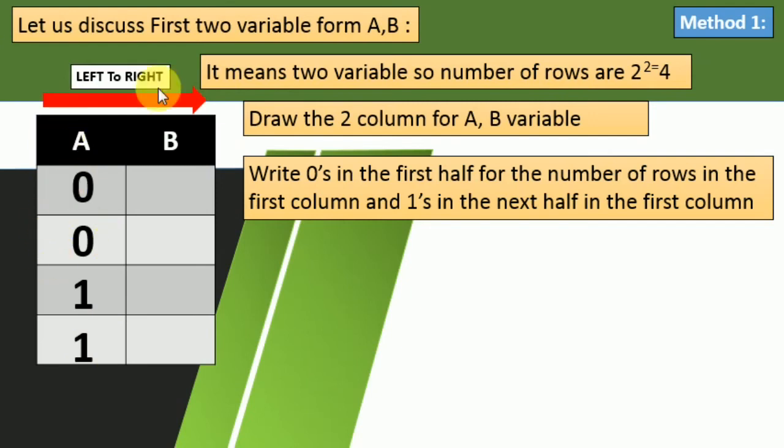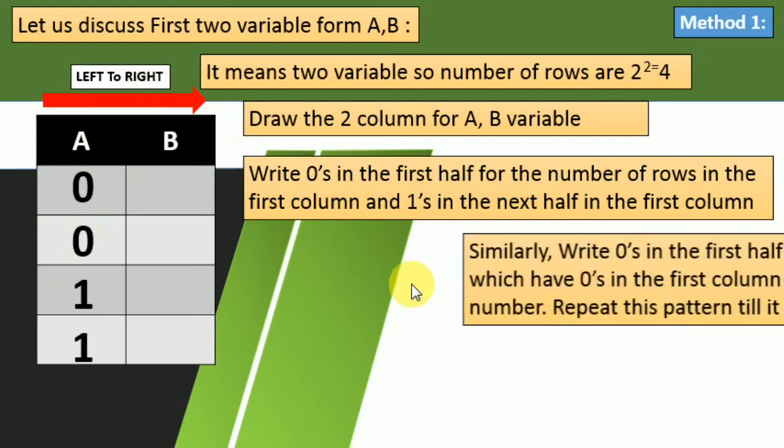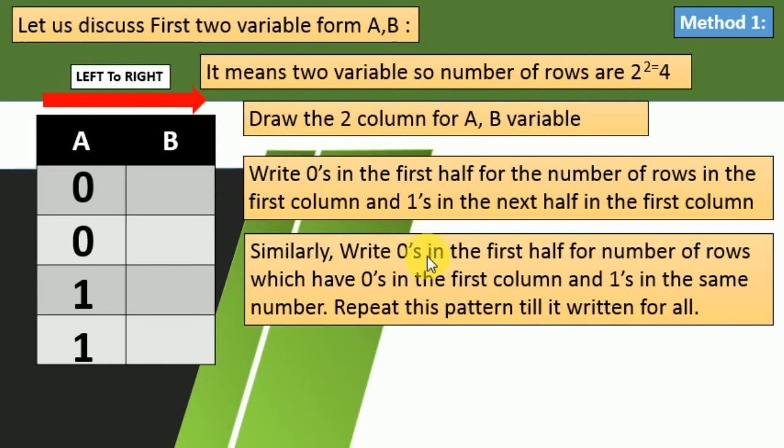Now we move to the second, that is B. For B, write zeros in the first half for the number of rows which have zeros. How many zeros are there? These two are 0. So for these two rows, it is written that write 0 in the first half for the rows which have zeros in the first column.